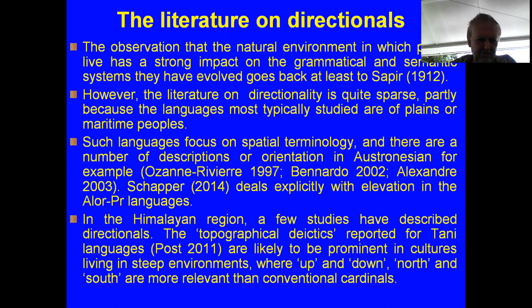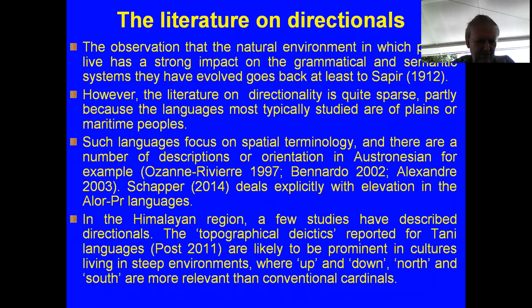So obviously the idea that the natural environment in which people live has a strong impact on the grammatical and semantic systems they've evolved goes back at least 100 years to Sapir. But if you look through the literature on directionality, it's quite sparse, partly because most languages typically studied are plains or maritime people.